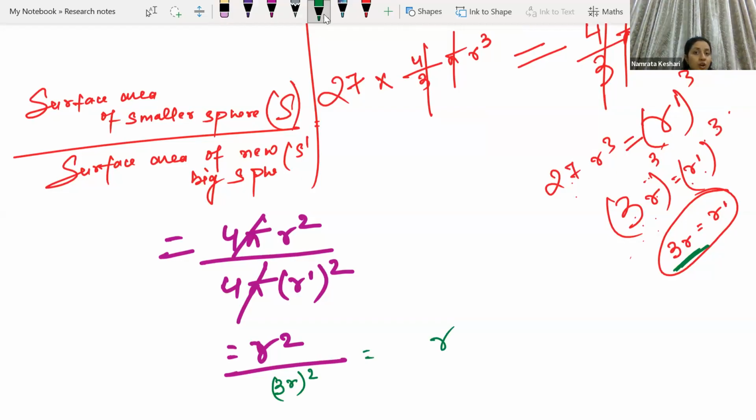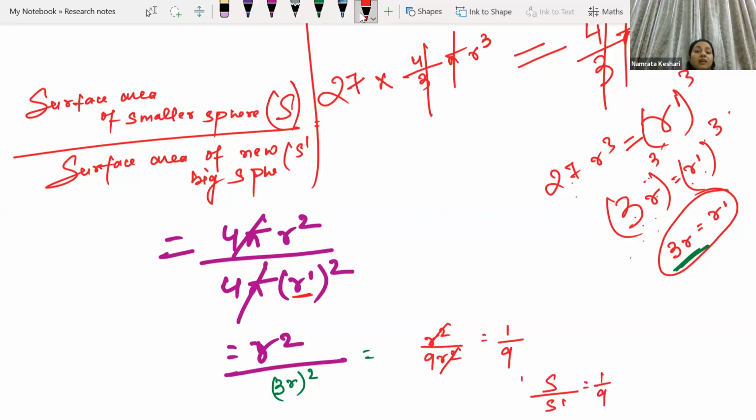Am I making sense to all of you? Yes. So if you replace r dash with 3r, you get r square by 9 r square, and your ratio comes out as 1 by 9. Means S by S dash is nothing but 1 by 9.